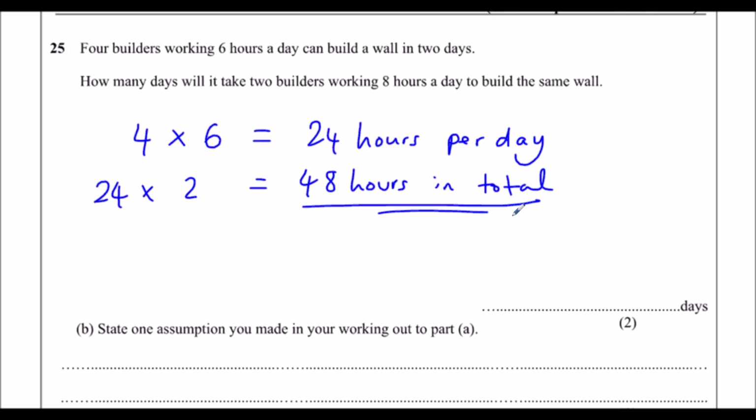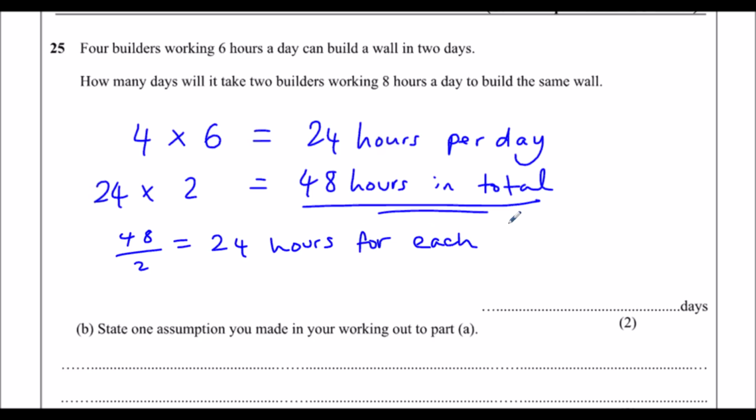How many days will it take 2 builders working 8 hours a day? So if I've got 2 builders, that's 24 hours for each.